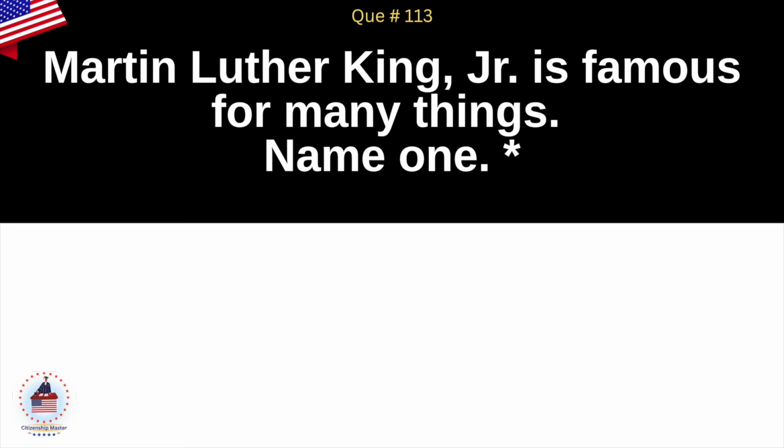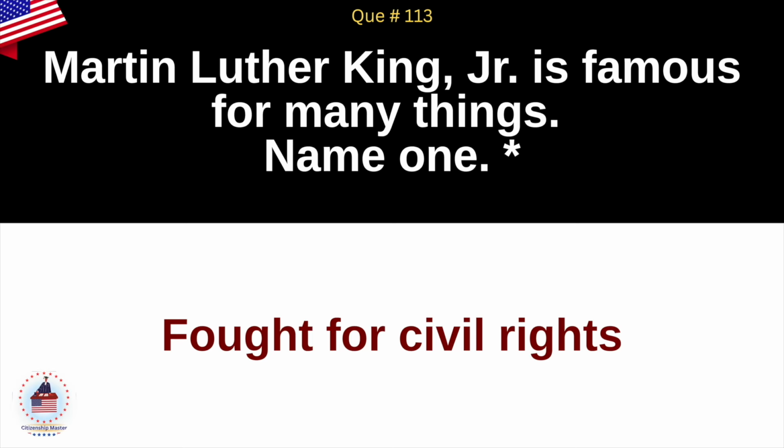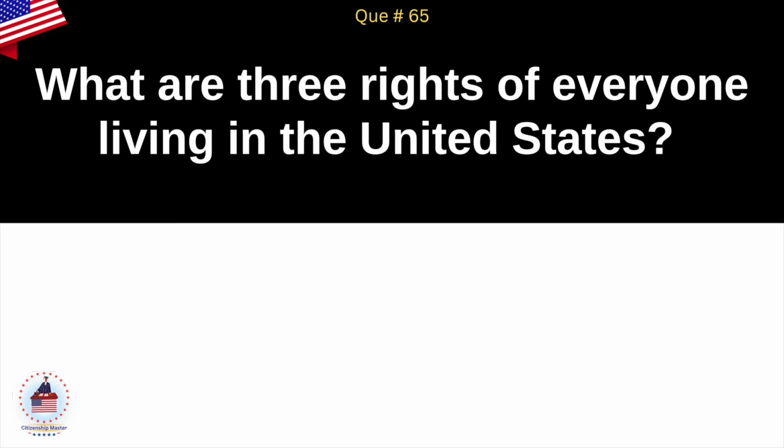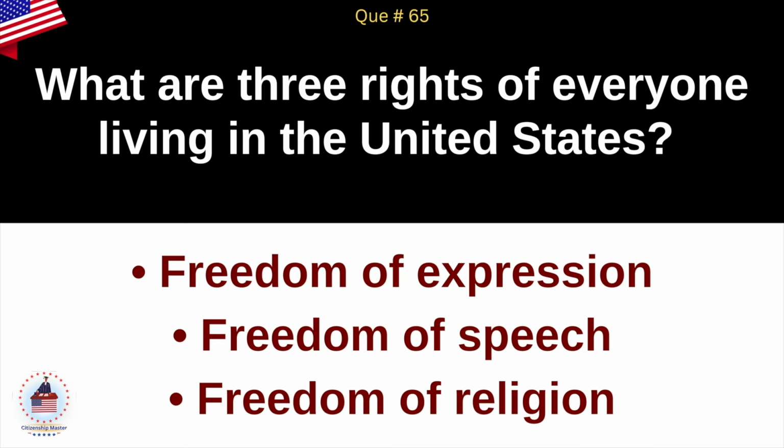Martin Luther King Jr. is famous for many things. Name one. Fought for civil rights. What are 3 rights of everyone living in the United States? Freedom of expression. Freedom of speech. Freedom of religion.